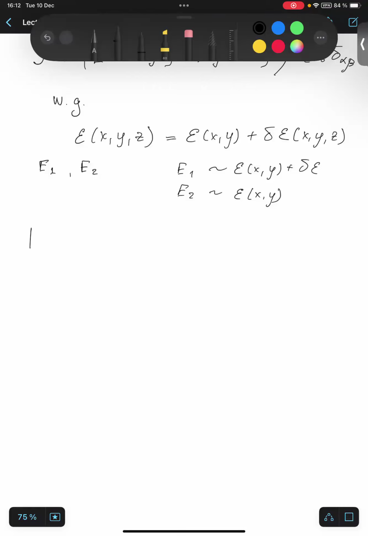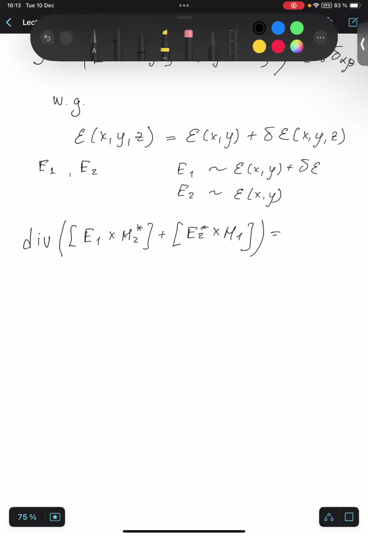What can we write? We can write the divergence of E1 H2 conjugated plus E2 conjugated H1.